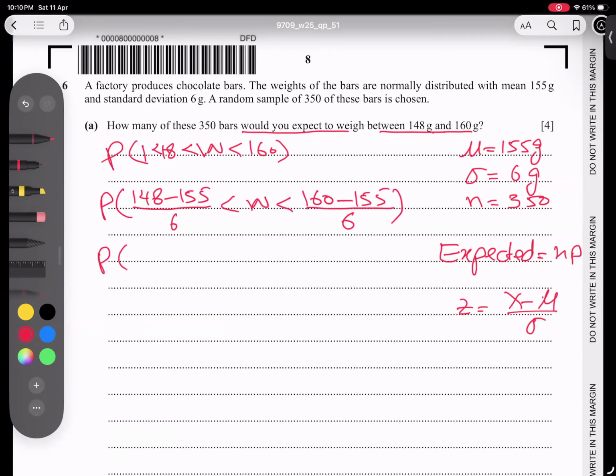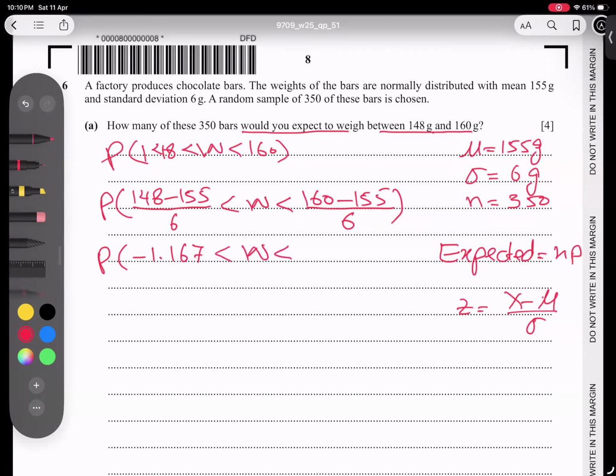Now I'm going to type in the calculator, and this turns out to be negative 1.167. We are bound to write 3 dp, so I'm writing 1.167.